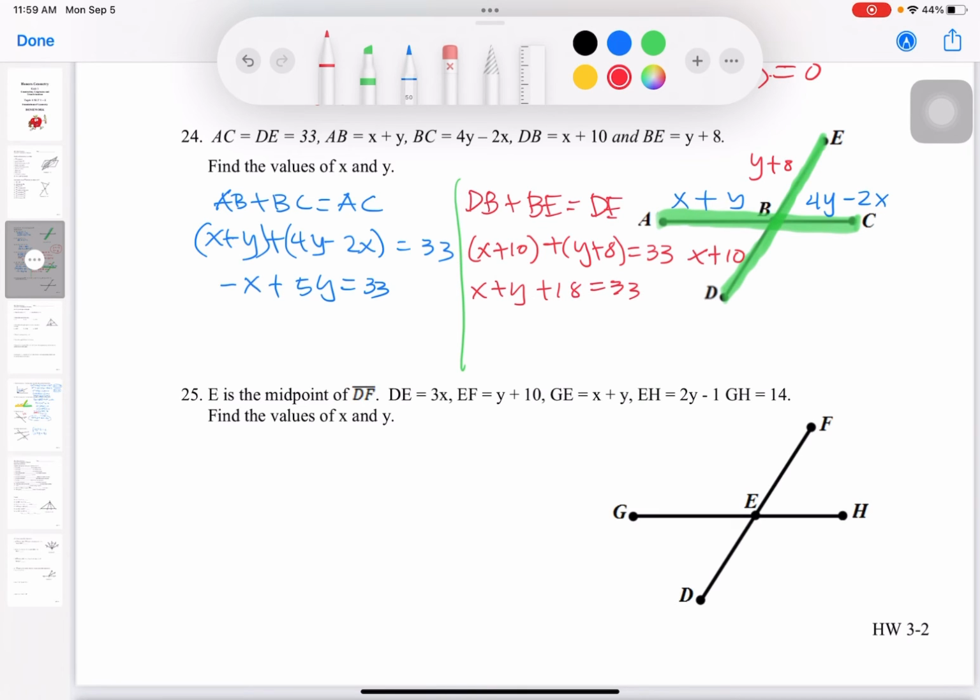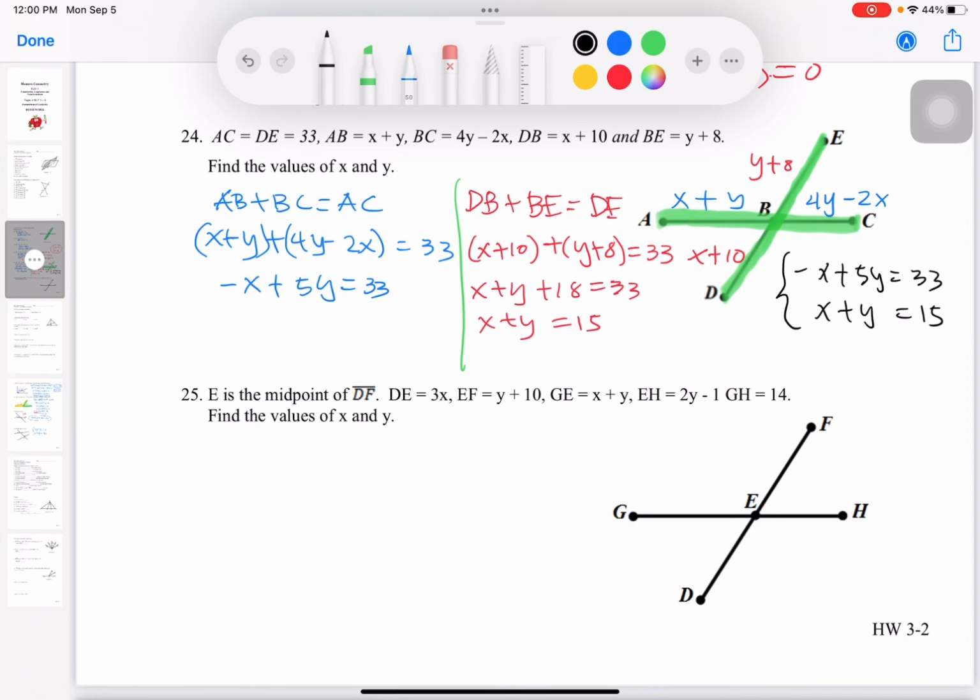Subtracting 18 from both sides, we end up with x plus y is equal to 15. So we have the equations negative x plus 5y is equal to 33, and then x plus y is equal to 15, forming a system. Now it's your turn to find the values of x and y by solving the system of equations.